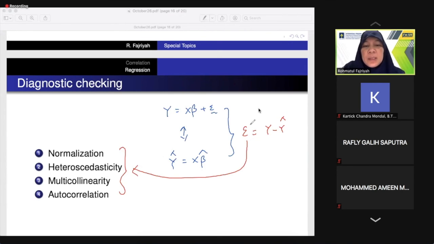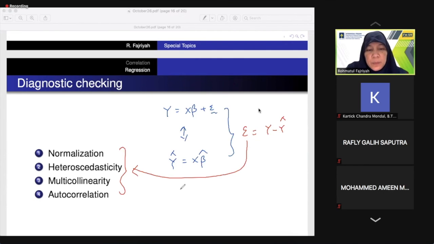The first one is that the error or residual has to be normally distributed. The second one is that the variance has to be homogeneous, not heteroscedastic, so it has to fulfill homoscedasticity. And the third one is that you have to be free from multicollinearity. If there is only one independent variable, you don't have to check this one. But if you have more than one x, you have to check multicollinearity.